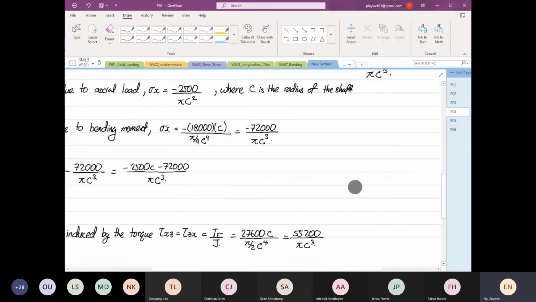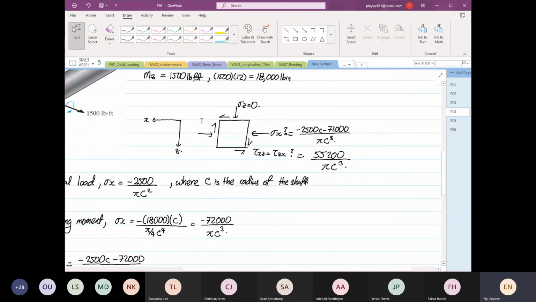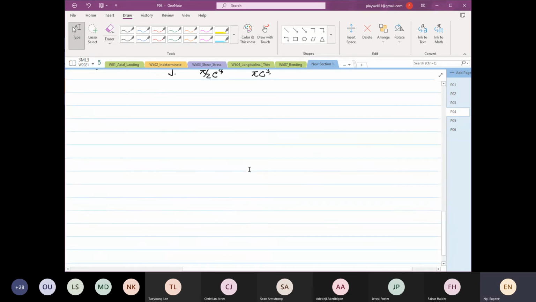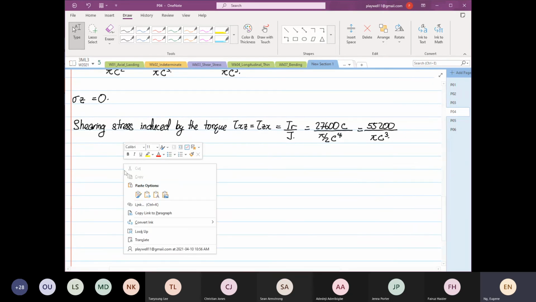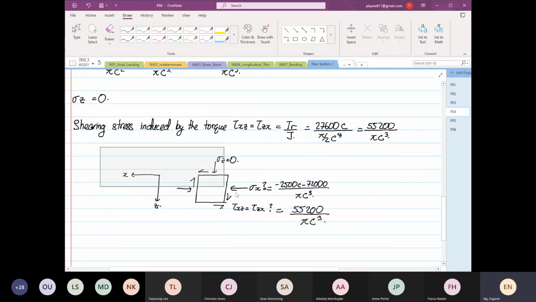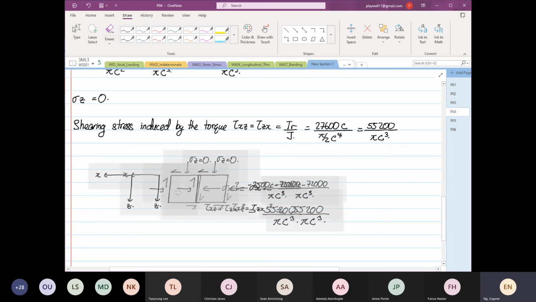Then from here, let's recap what we have accomplished. Okay, so I'm going to copy this. I think I have enough space. So now we have all the values.